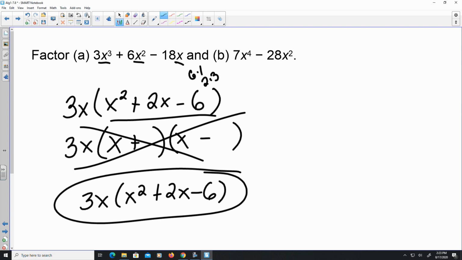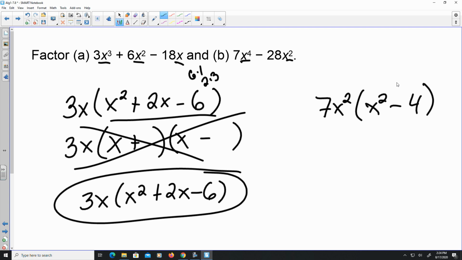Looking at the second example, 7x cubed minus 28x, I can factor out both of them. Both of them are divisible by 7, so I can put the 7 on the outside. They both have a common variable of x, so x. So what's left over is going to be x squared minus 4.